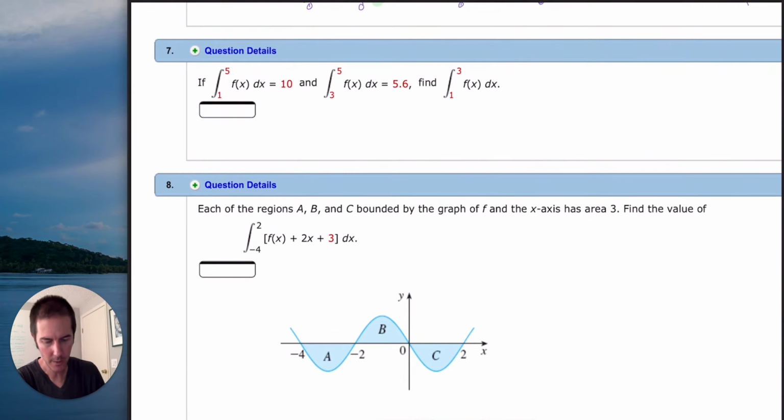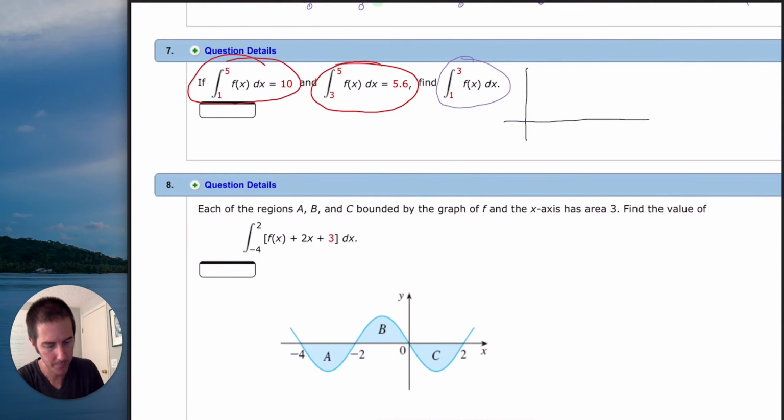Notice that here, the question is asking us for an integral that goes from 1 to 3, and we're being given some information. We're being told that the integral from 1 to 5 is equal to 10, and from 3 to 5 is equal to 5.6.